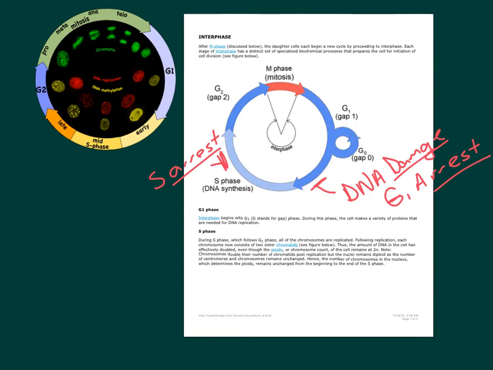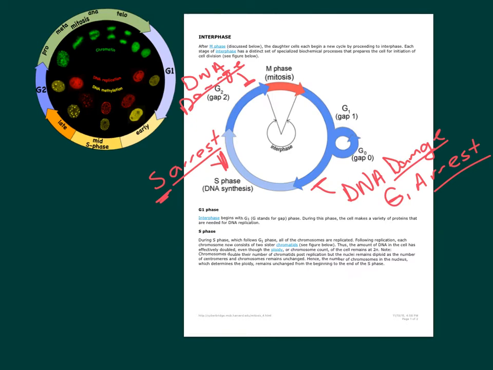There's the S arrest, where the cell hasn't been able to replicate enough DNA, and theoretically it'll either complete its replication or again it'll go off into cell death. And of course at the end of G2, right before it goes into mitosis, it checks to see again if there's DNA damage. And if there's severe DNA damage, something that the system can pick up, then the cell stops.